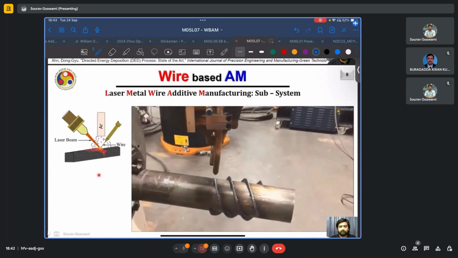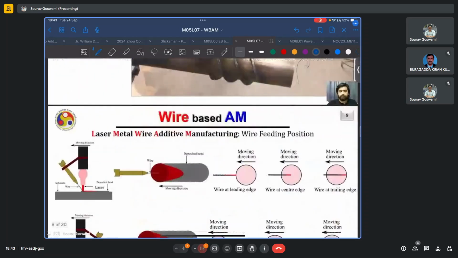So a simple configuration such as this, which has lateral feeding, may still be useful in the case of rotary components, where say this cylinder will rotate, and this part is being cladded on top of this rotating assembly, because in this case the deposition is anyway unidirectional, and omnidirectionality does not come into the picture because of the simple tool path.